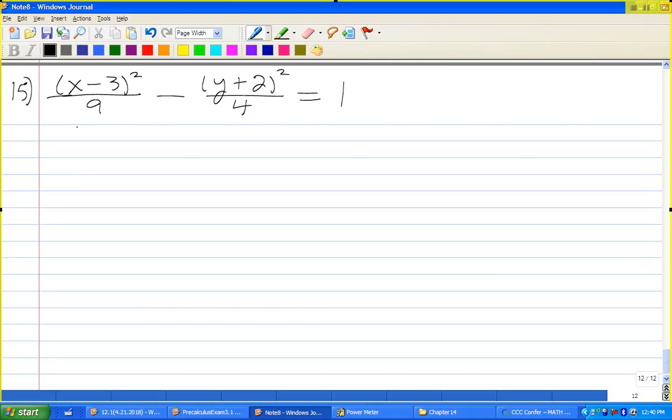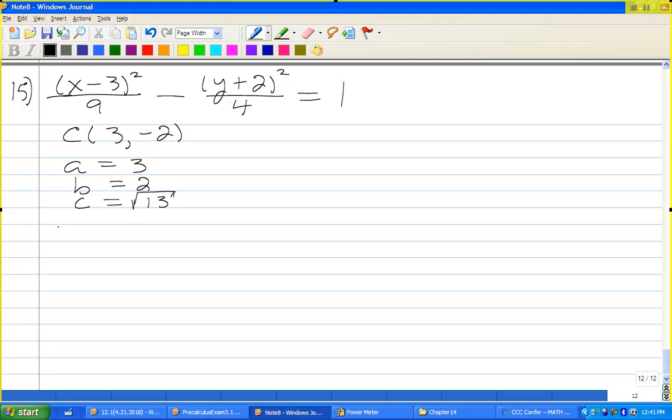So the center of my hyperbola is going to be 3, -2. A is 3. B is 2. C, 9 plus 4 is 13. So the square root of 13.